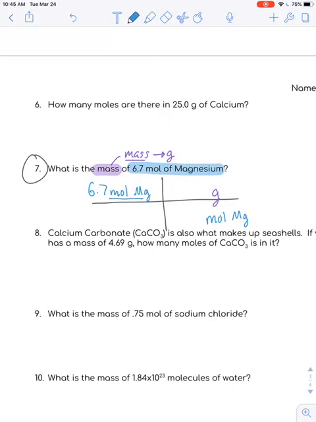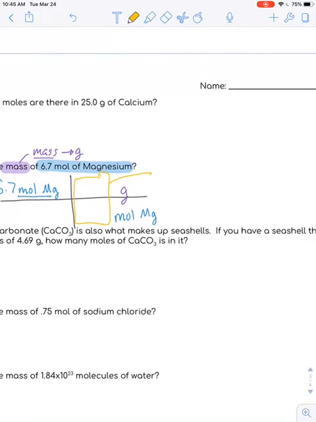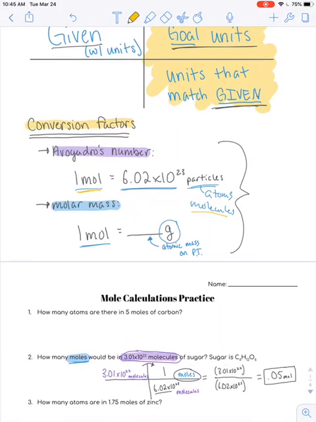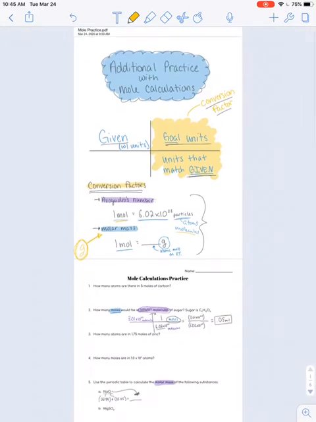So our conversion factor that we're going to need in this box is going to have to tell us how many grams are in a mole of magnesium. So immediately when we are looking for grams, we should always relate that to molar mass. Anything to do with grams, we're always going to need that molar mass.